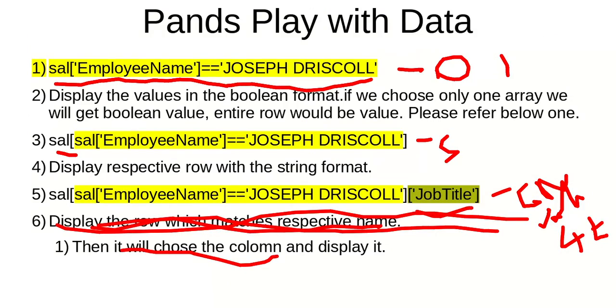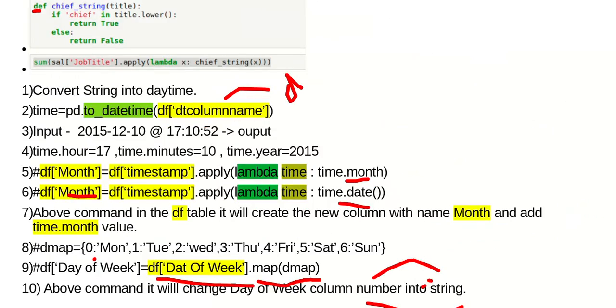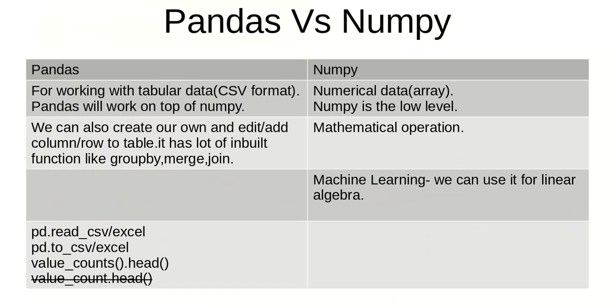Before going to matplotlib, let me explain pandas. What is the difference between pandas and numpy? Pandas is for reading the CSV, and pandas works on top of numpy. Numpy is the low level, pandas is the top. Numpy is for numerical data.